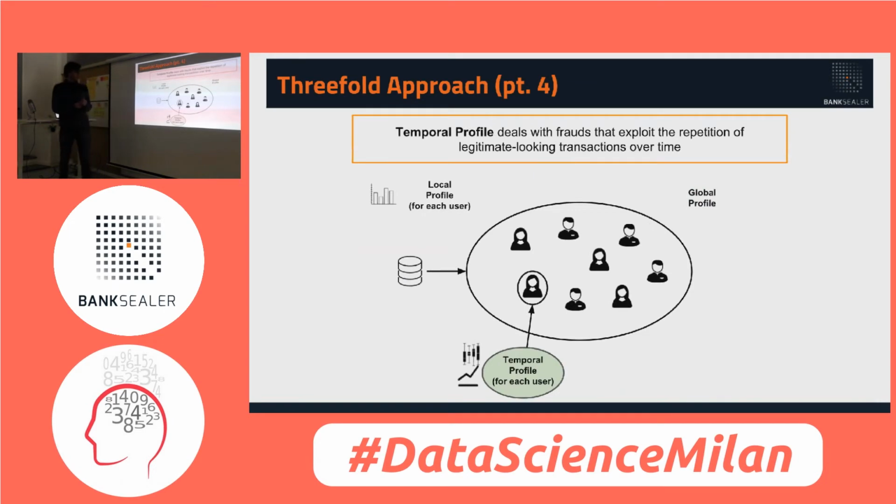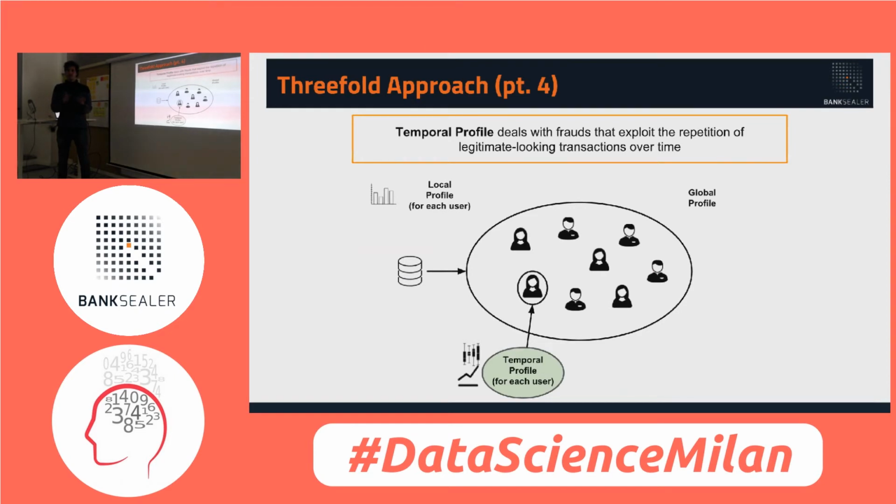Third, the temporal profile. This tries to deal with a more tricky kind of fraud, fraud that seems perfectly normal from a behavior perspective: a normal amount, maybe performed at a normal time, on a usual day for the user, but performed more than once.